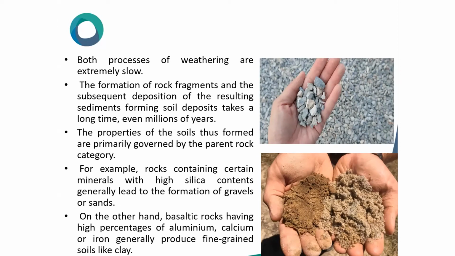For example, rock containing certain minerals with high silica content generally leads to the formation of gravels or sand. You can see this gravel, this is sand, because it leads to the formation of sand. On the other hand, basaltic rock having a high percentage of aluminum, calcium, or iron generally produces fine grains of clay.